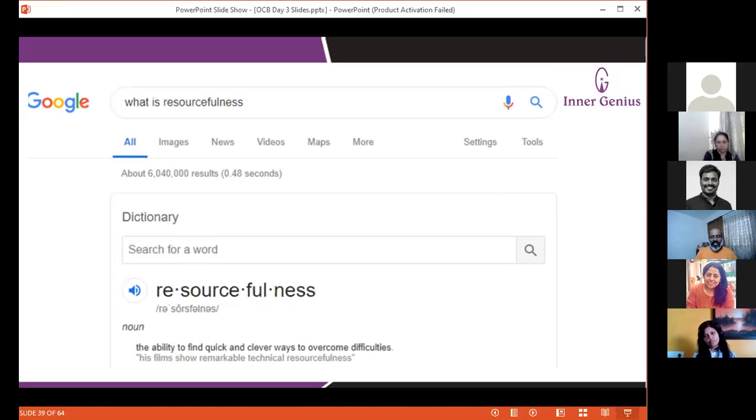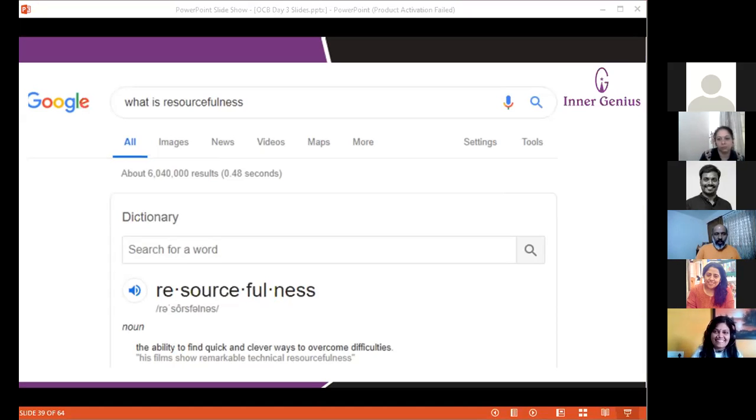If it is yes, please type in the chat box, yes. Resourcefulness is the ability to find quick and clever ways to overcome difficulties. If you agree, please type yes. This is just to ensure that people have not gone to sleep from me talking. Yeah, good, great. So Neelam and Srinivas have done. So at least two people are awake. So I can go ahead.